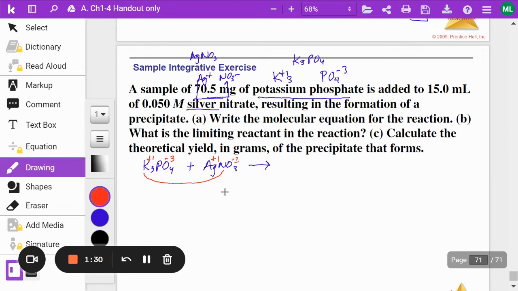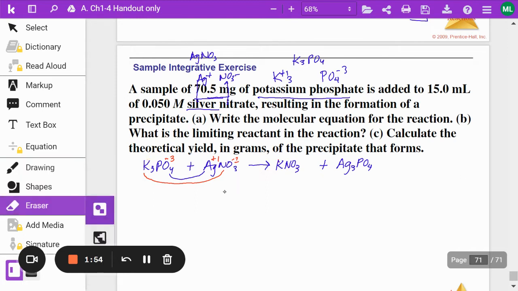Each one is +1, -1, so I will just need 1 K and 1 nitrate, potassium nitrate, plus silver and phosphate. I will need how many silvers? That's right, 3, and then PO4. That's because PO4 has a -3 charge and silver's +1, so I'll need 3 silvers to make it neutral. Then I'm going to erase the charges, just so they're out of the way.